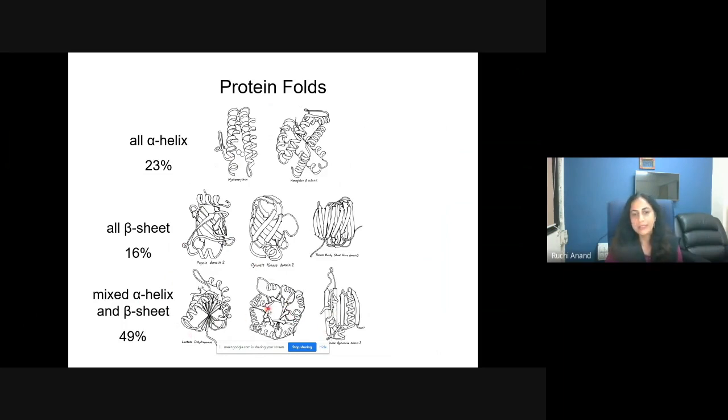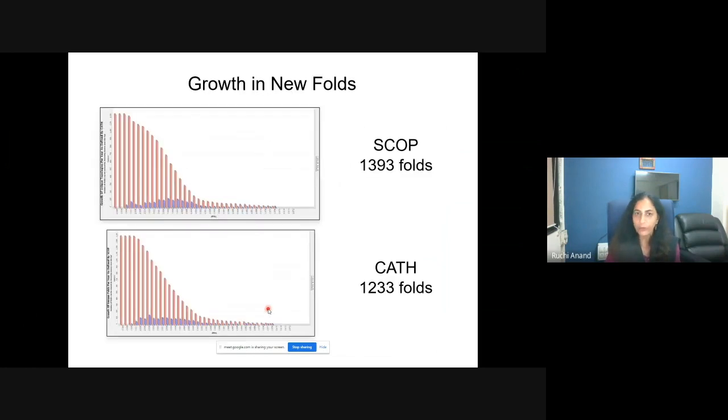And so you can see that they can assemble into secondary structures, and that's what we're going to talk about today. And with time, the number of new folds being discovered is decreasing. What I mean by a new fold is how a protein arranges its primary structure into secondary structure, and what is the order in which the helix and the strand come.